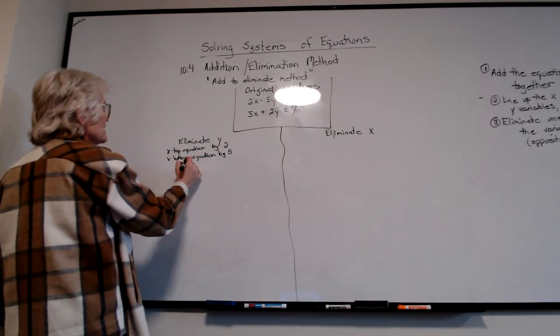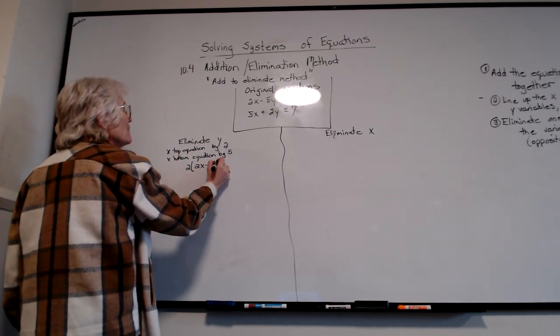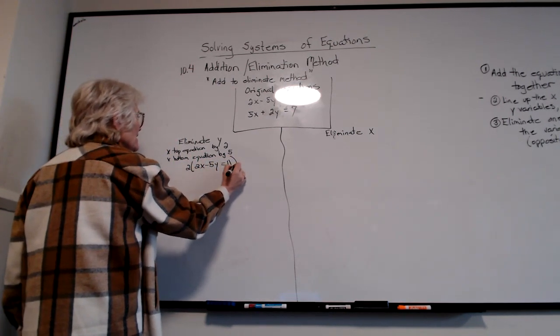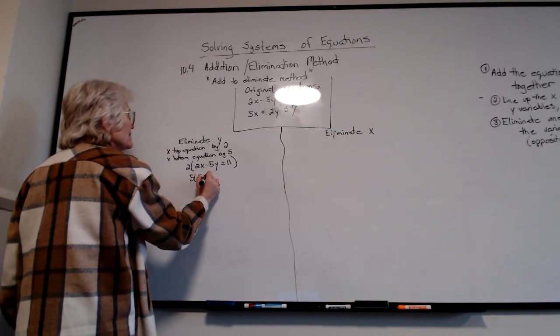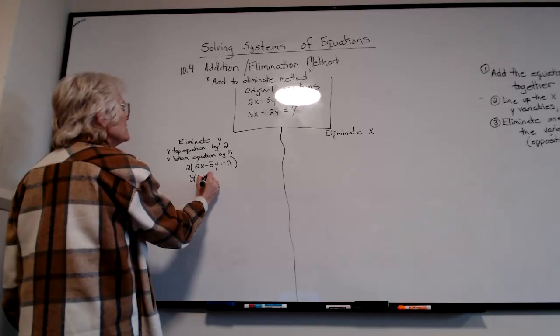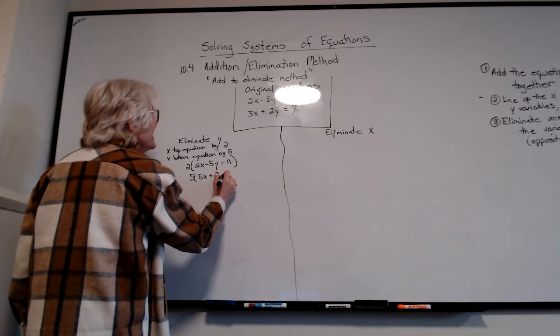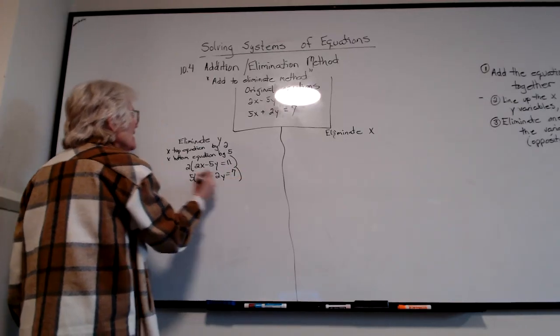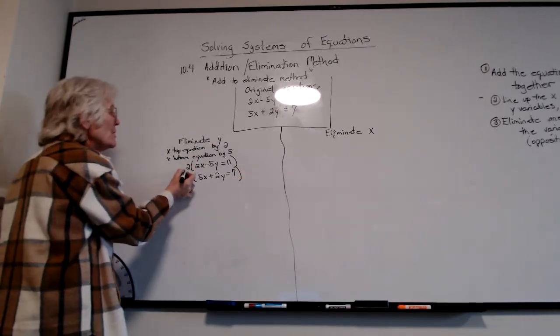If you want to say 2 times (2x minus 5y equals 11) and 5 times (5x plus 2y equals 7), we're eliminating y. Write them down. Okay?